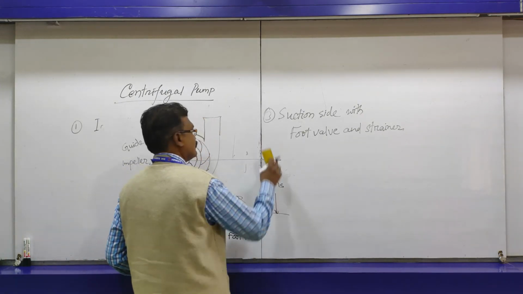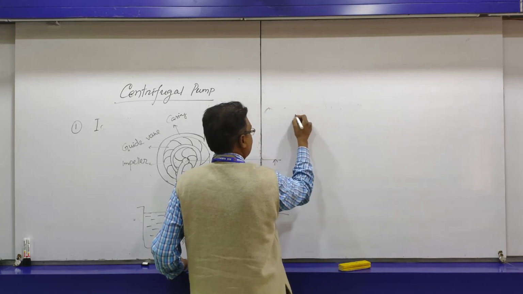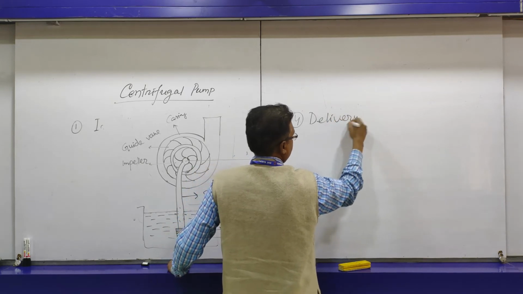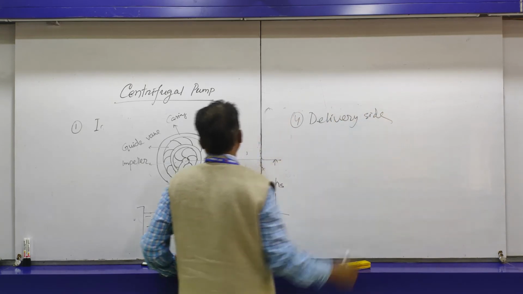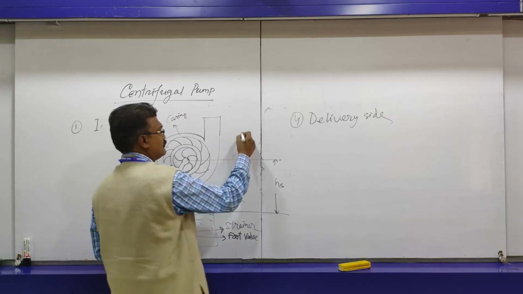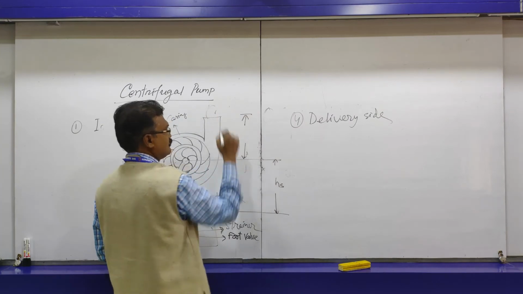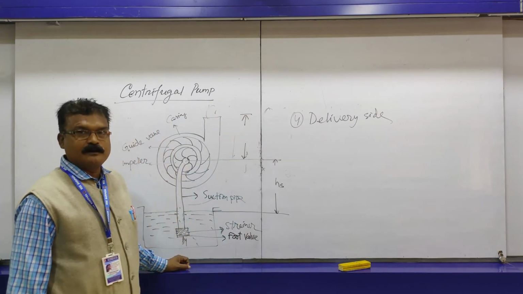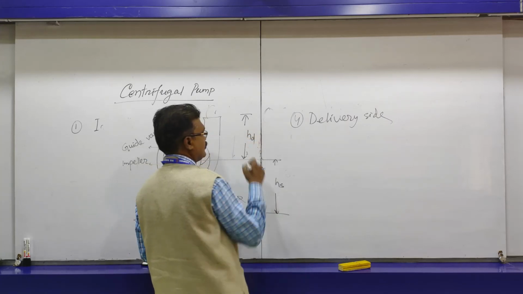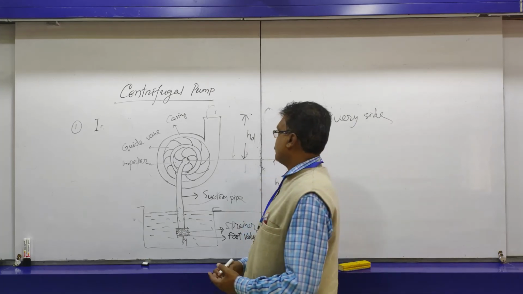Similarly, the fourth one is the delivery side. From this sector up to the last portion where the water is to be delivered is the delivery side, and the height of this is known as the delivery head.